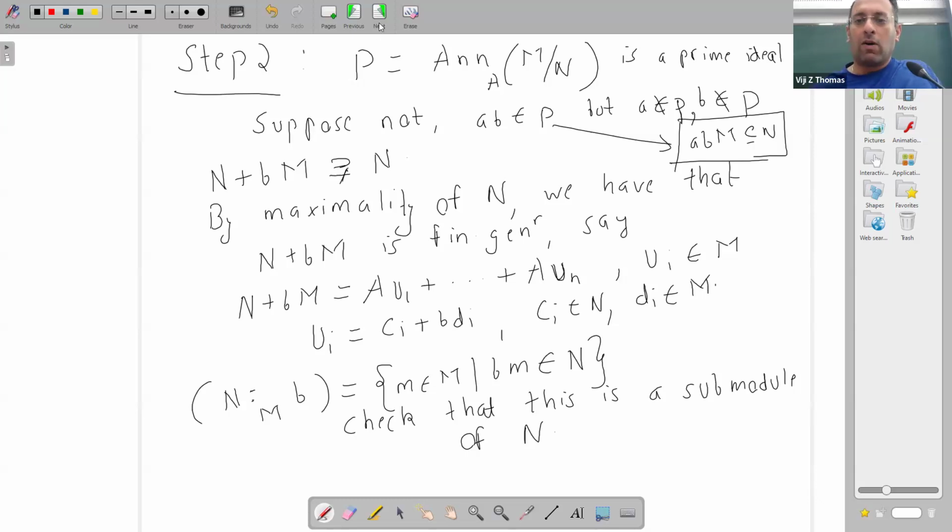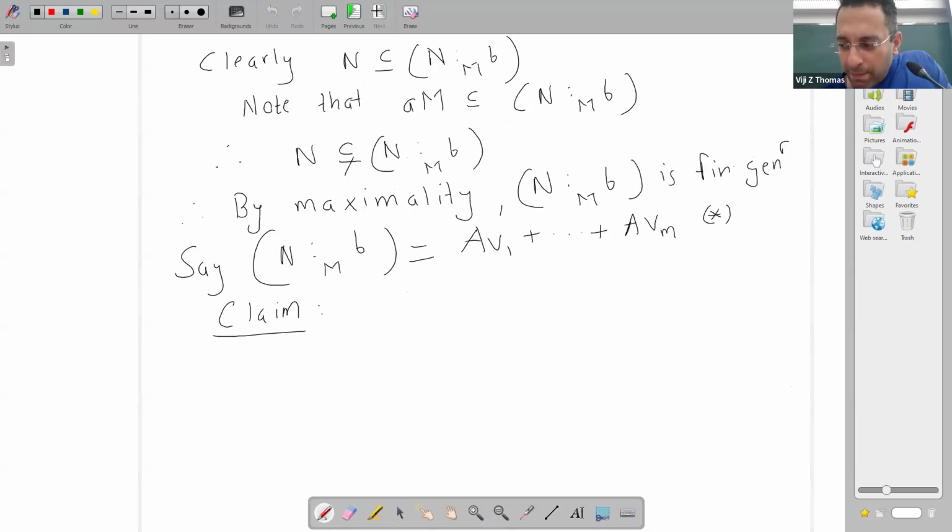So what I am going to now say is this claim: N is generated by A C1 plus dot dot dot plus A C N, plus, if somebody remembers yesterday's proof, what you should say is B times V1 dot dot dot B times Vn. It should be generated like that.